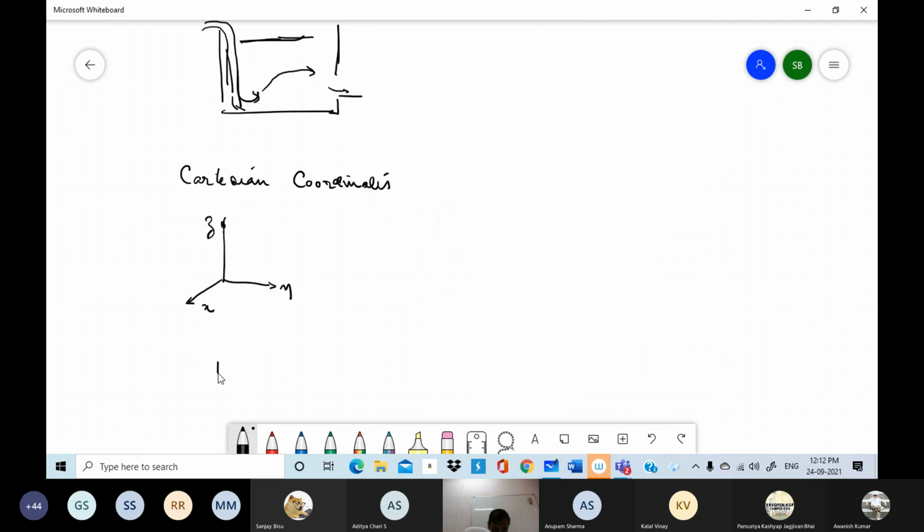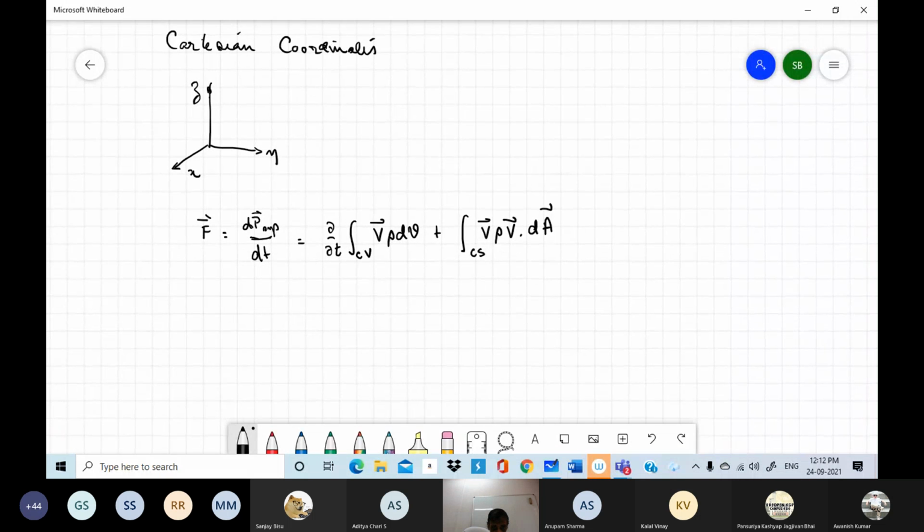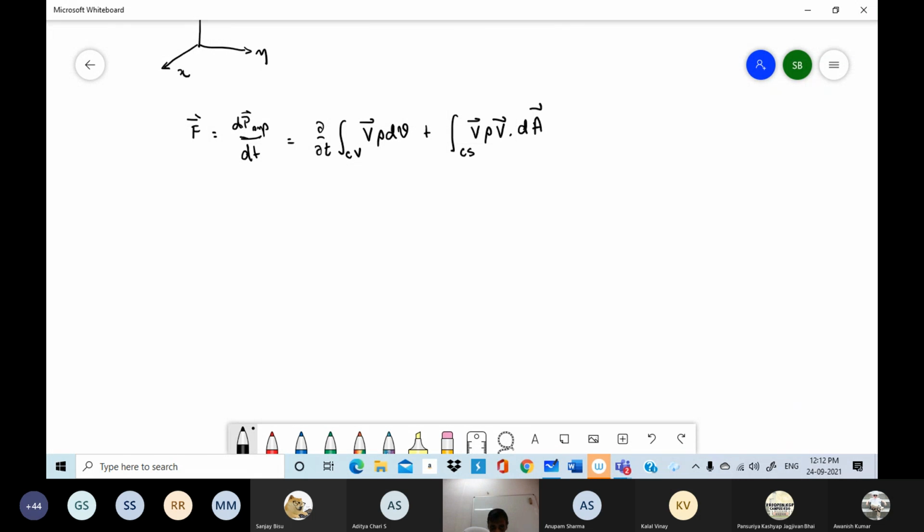In vector form it was F. The x component of F would be Fx.